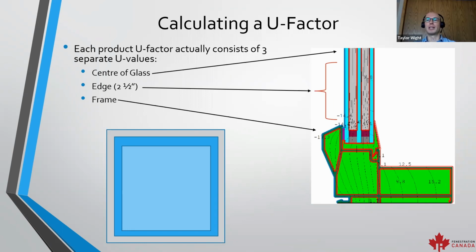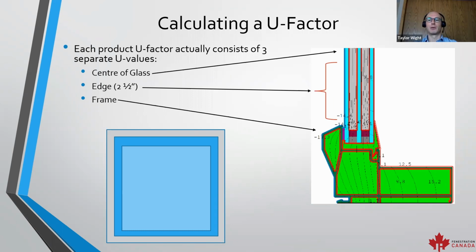There's the center of glass U factor, and that's similar to an R value rating that you would have for insulation. It just assumes that the glass is infinite in all directions, so it takes the center conductivity of that glass, and so that's usually your best rating.